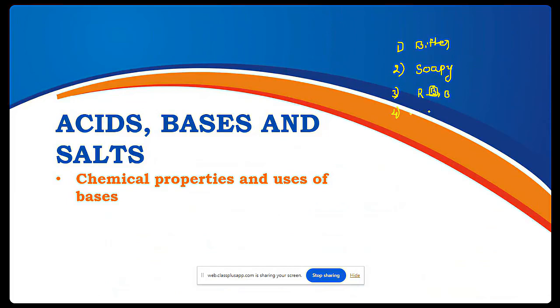Fourth property, they conduct electricity. That's why we call them electrolytes. And fifth property, they react with metal. Metal plus base, what will we get? Gives rise to salt plus H2 gas. Here S means salt, metallic salt. Is it right? Now we'll discuss the sixth property here.